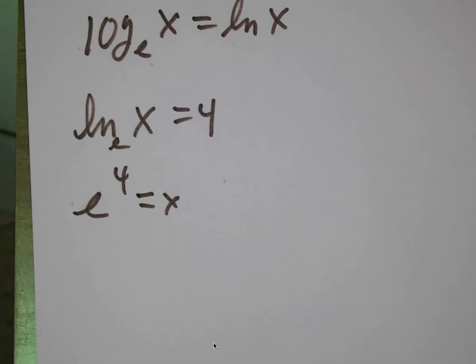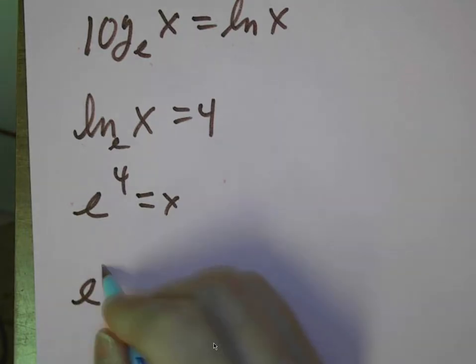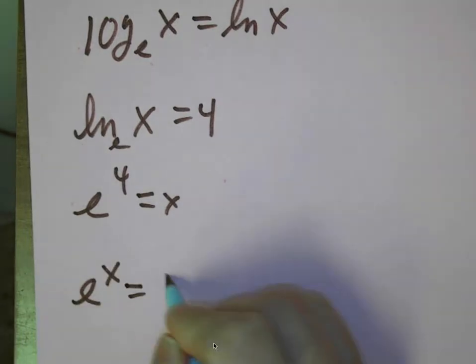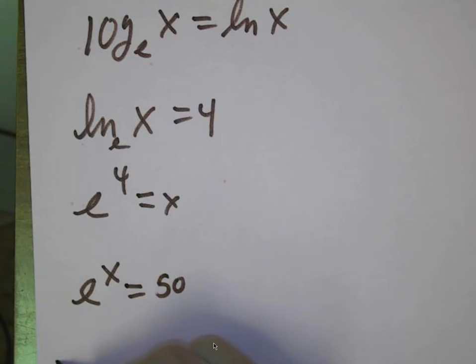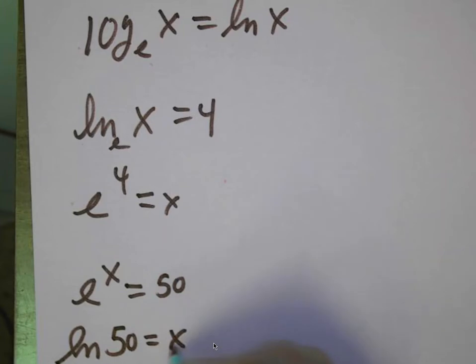All right? So you can go the other way. If I say e to the x equals 50, I can write that as natural log of 50 equals x. Your calculator has a natural log button, so you can punch that in and do that. That's no big deal.